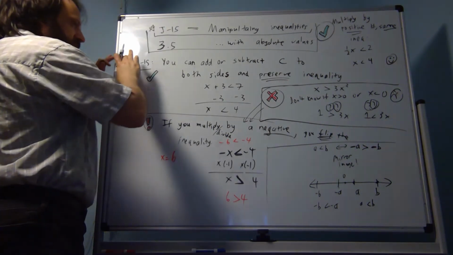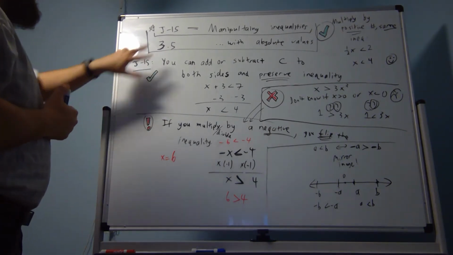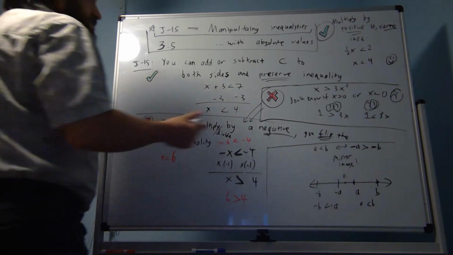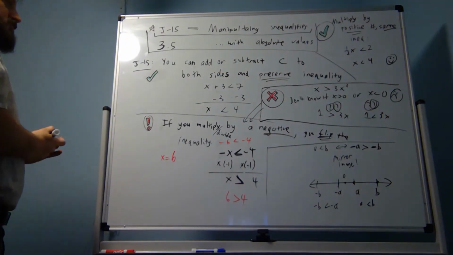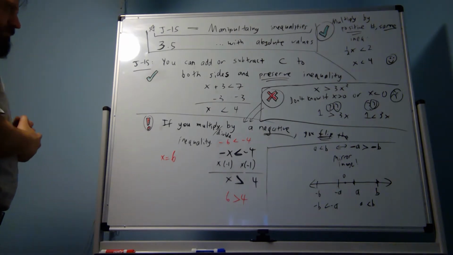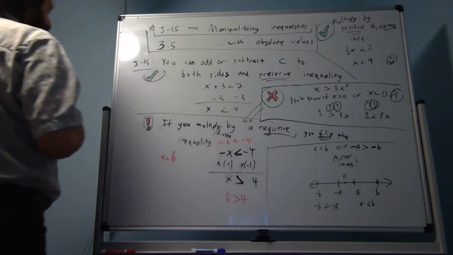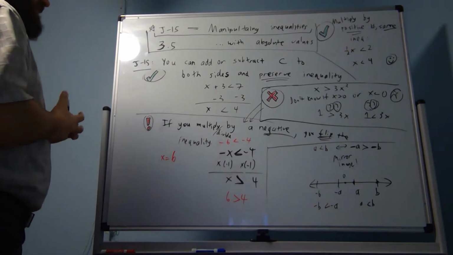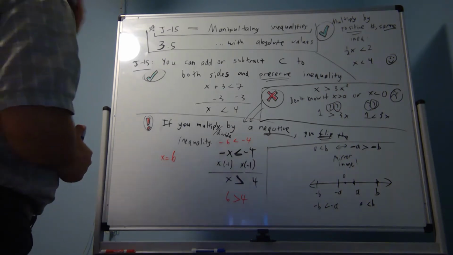Okay, so a reminder of what's good and what's not good. Let me start with the two green check marks. In some ways, inequalities work the same way as equalities, but in other ways they're very, very drastically different.